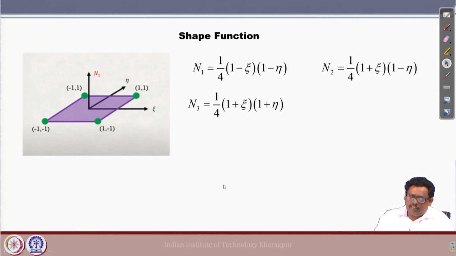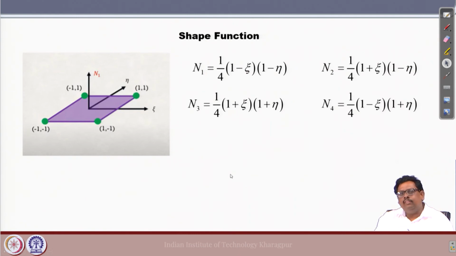Right. Now N3 should be 1/4 (1 + xi)(1 + eta), because I am talking about this point, and N4 should be 1/4 (1 - xi)(1 + eta).